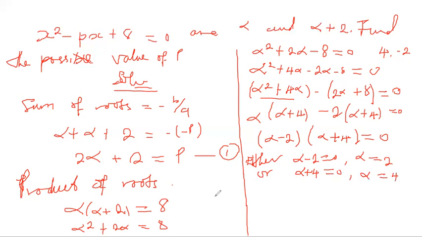Remember our p is 2 alpha plus 2. So when alpha is 2, p will be 2 times 2 plus 2, and that gives us 6.